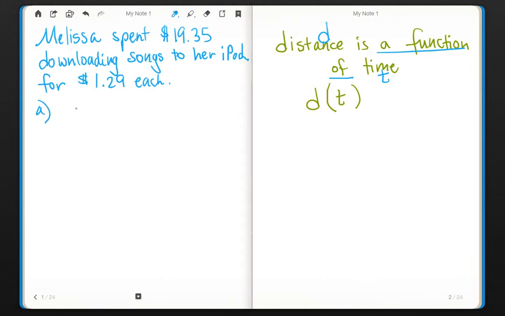And the first part is you're going to be asked to use function notation.